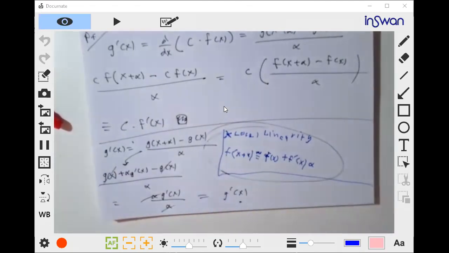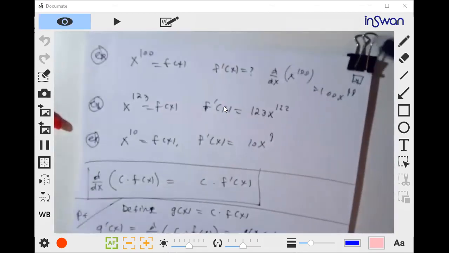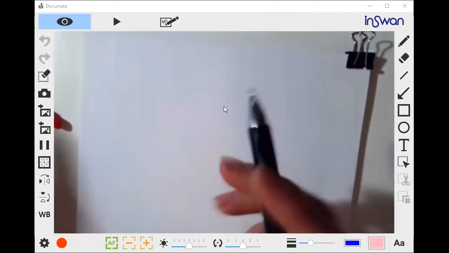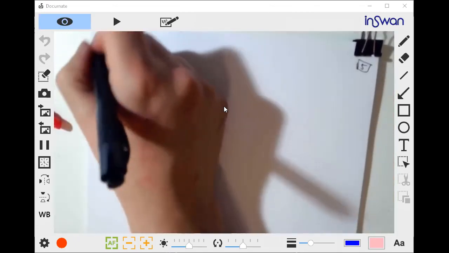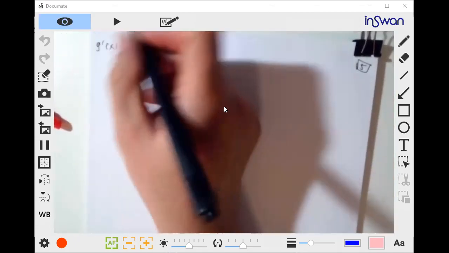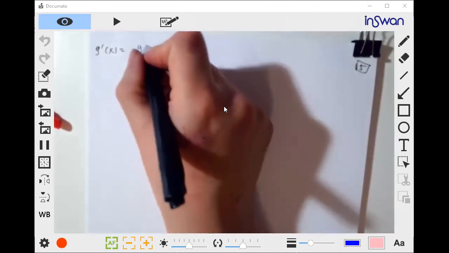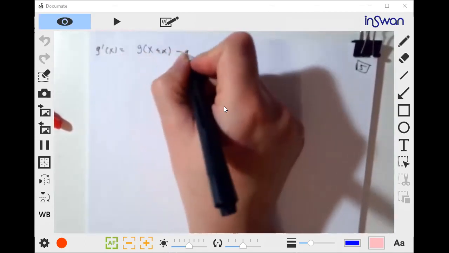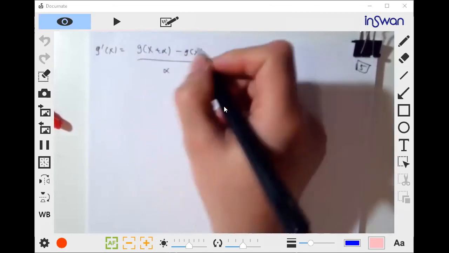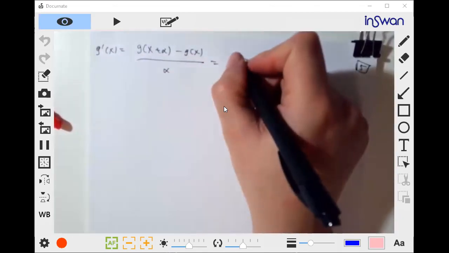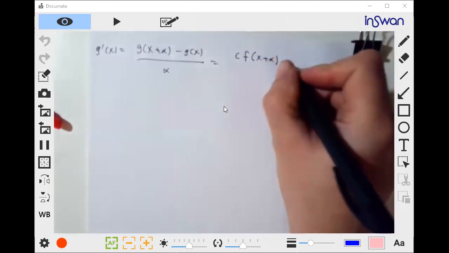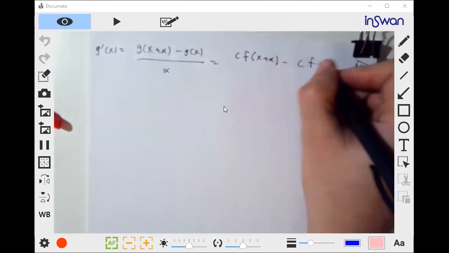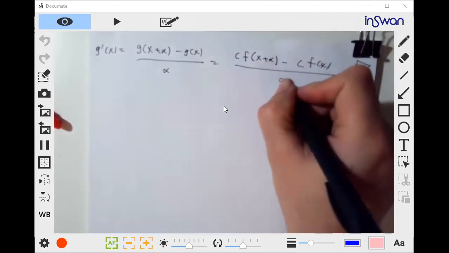But you could also use local linearity to prove the constant can be ignored. So what I mean by this is g prime of x is the same thing as g of x plus alpha minus g of x all over alpha. This becomes the same thing as the constant c times f of x plus alpha minus the constant c f of x all over alpha.